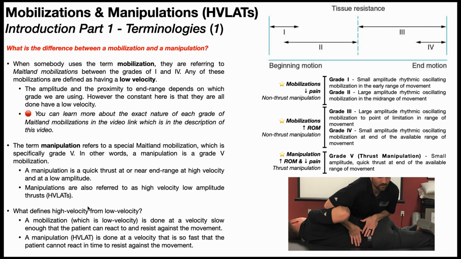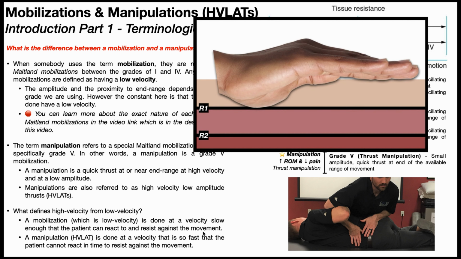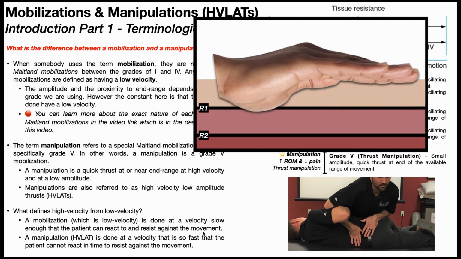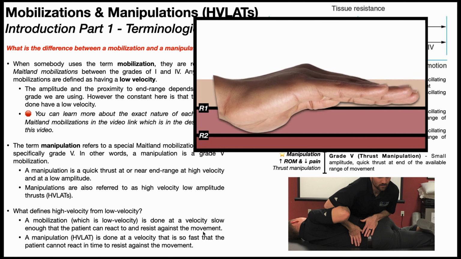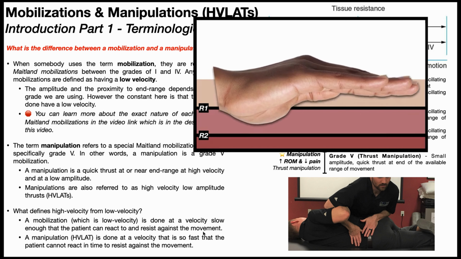That begs the question, what defines high velocity and low velocity? A mobilization, like grades 1 through 4, is done at a low velocity, and it's a velocity slow enough that the patient can react to and resist against the movement. If we look back at that short clip of the oscillatory mechanics of the mobilization, it's predictable.